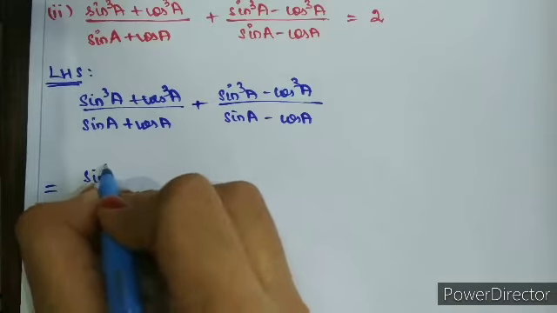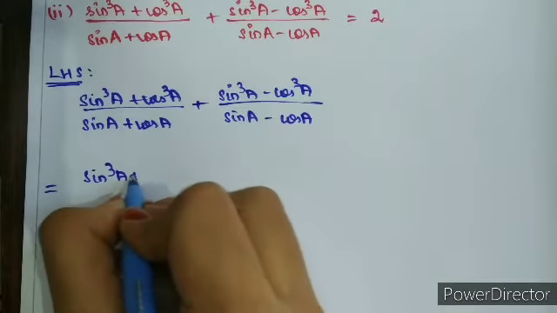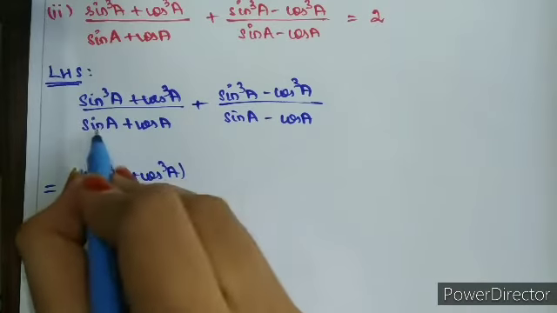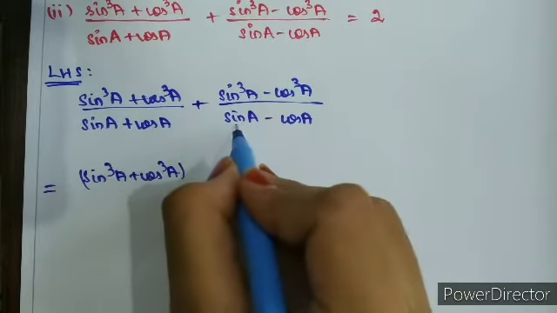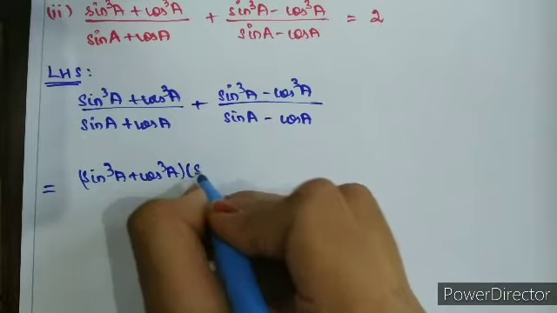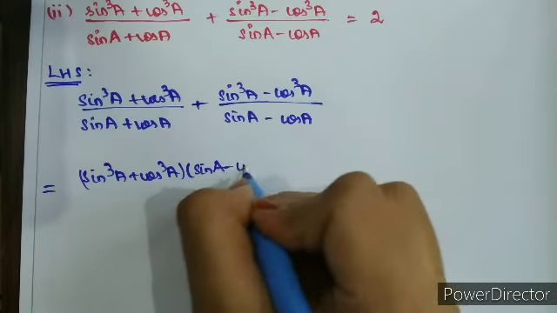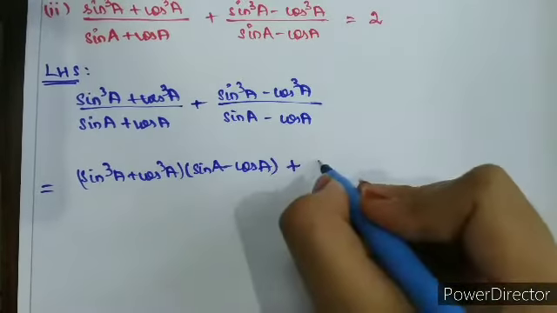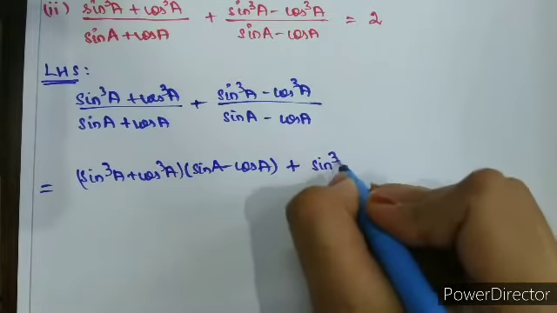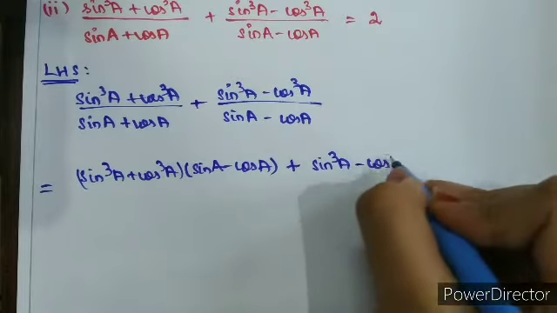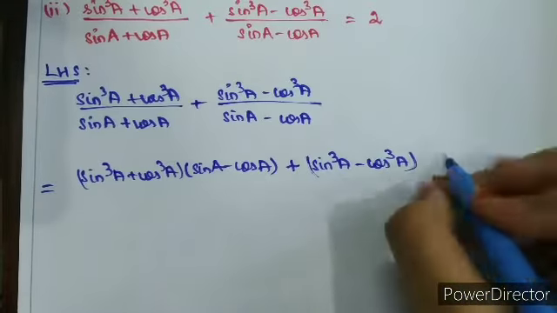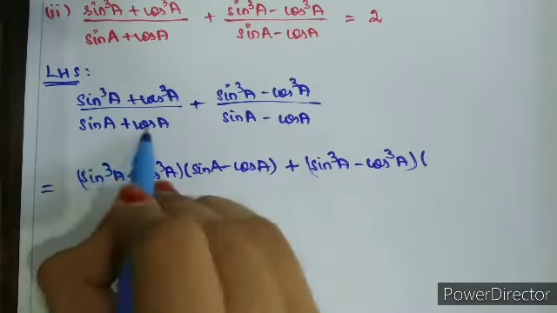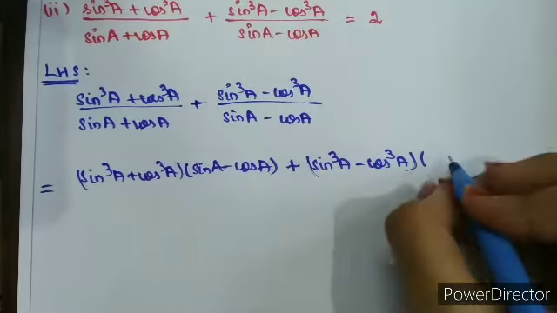So in the numerator, sin cube A plus cos cube A into, here we have sin A plus cos A, so we have to multiply by sin A minus cos A in the numerator. Sin A minus cos A plus sin cube A minus cos cube A into, here we have sin A minus cos A, so we have to multiply by sin A plus cos A to the numerator.